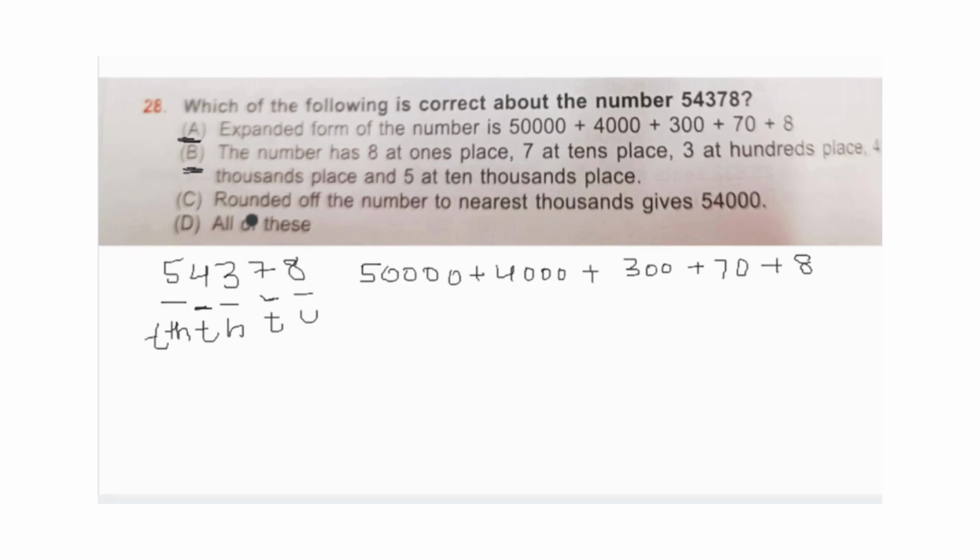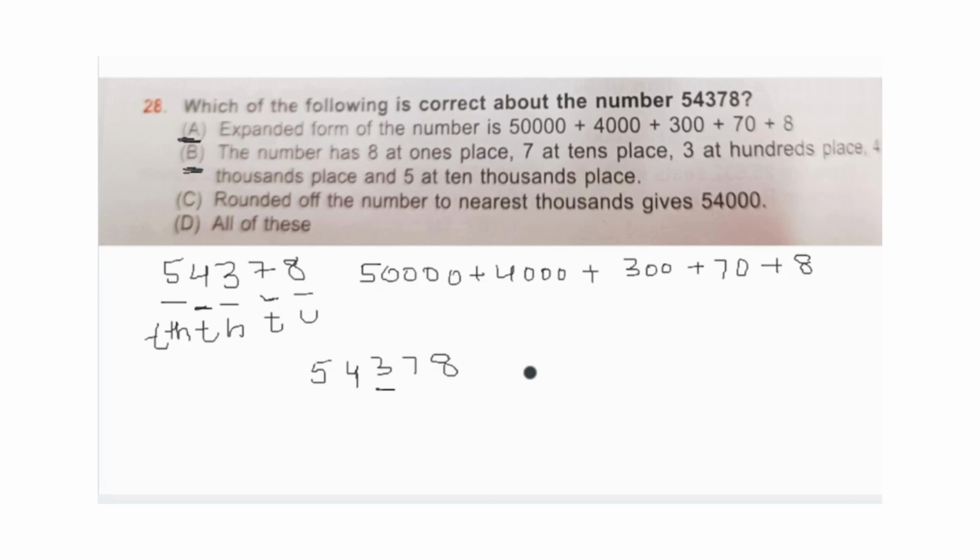Now option C says rounded off the number to nearest thousand gives 54,000. So since the number is 54378 and we are rounding off to nearest thousand, we have to look for the value at the hundreds place, which is 3, which is less than 5.